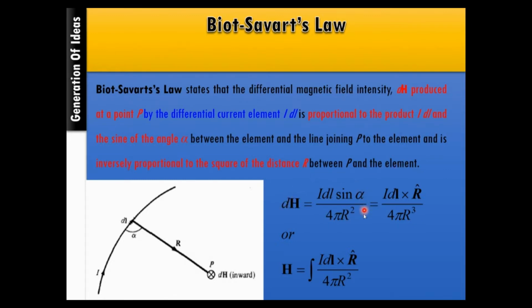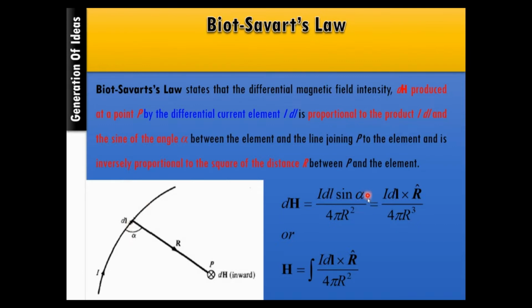Proportional means that when this increases, this dH, the differential magnetic field intensity, will also increase. This I dL represents the smallest length of the current element, and the I represents the current in these small wire elements.